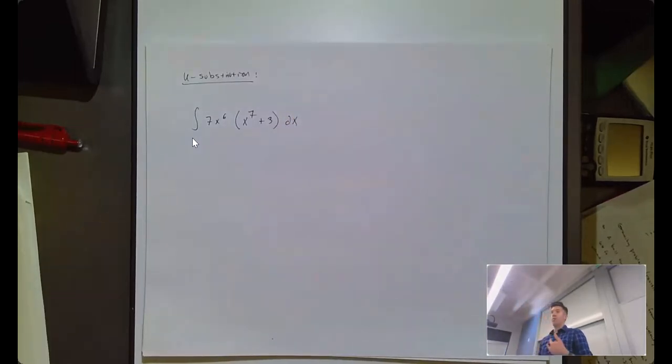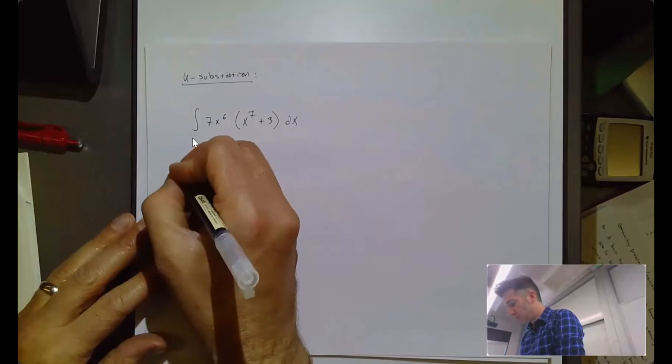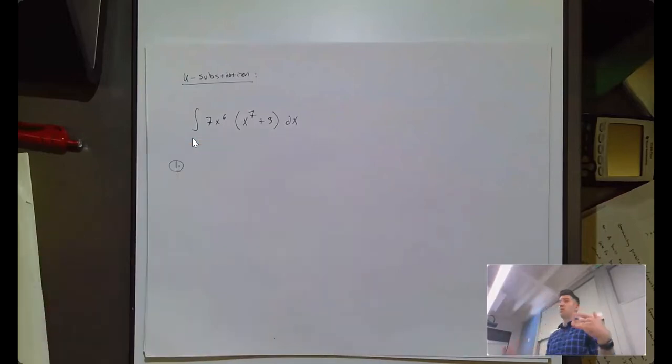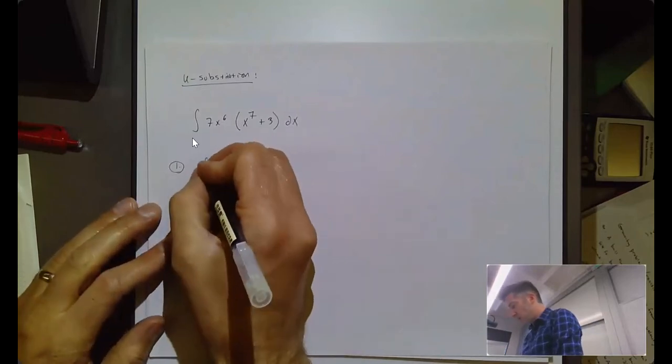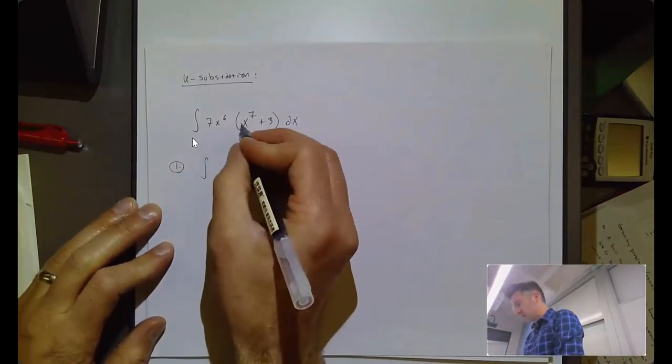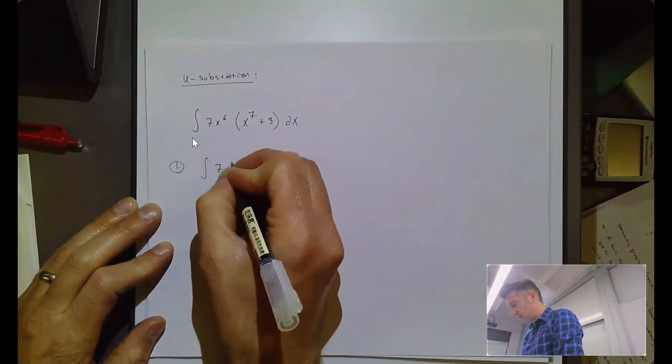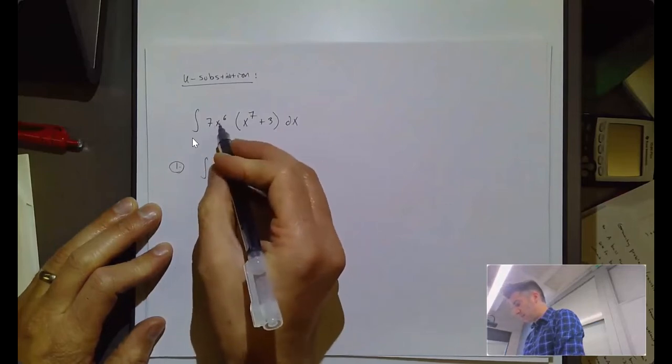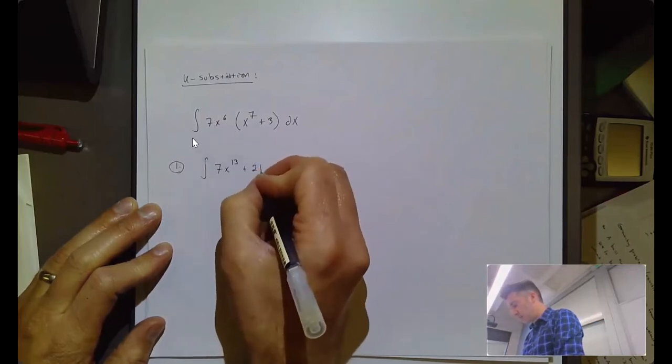One way of doing this problem would be just to multiply it out. It would totally work just fine. So we're going to do that so that we can see that doing this other process also works. So multiplying it out, 7x to the 6th times x to the 7th is going to be 7x to the 13th. And 7x to the 6th times 3 is going to be 21x to the 6th.